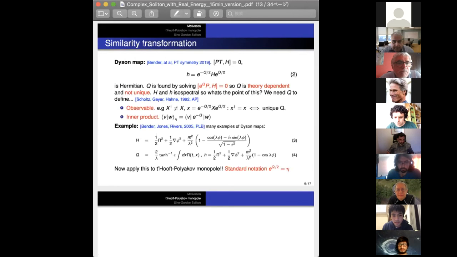That's right. To find the similarity transformation is to solve this equation, and it's generally really difficult to solve this equation even for a simple model. I don't know if there's a general proof, but I don't think you can find it for any model.